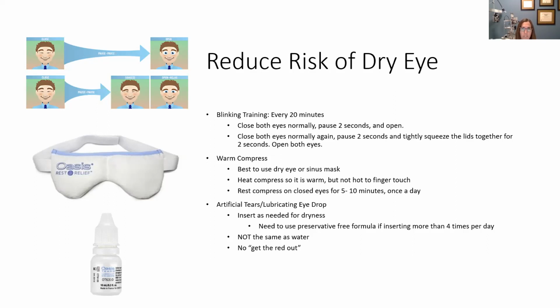So when you don't put that drop in, they dilate. So it's called rebound redness. So now your eye looks maybe even redder than before you started using the drops. So you got to put a new drop in. So it's kind of this cycle where your eye becomes addicted to the drop. So in that sense, you want to avoid the get the red out drops. And again, if you're doing things to prevent your eye from being dry, your eye shouldn't be getting as red as you may have had an issue with.